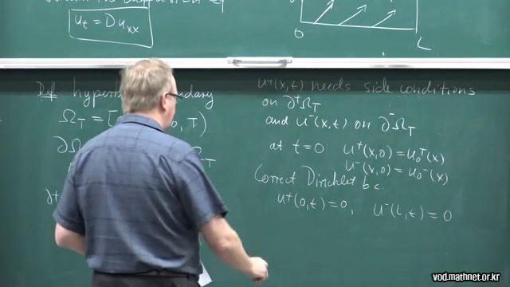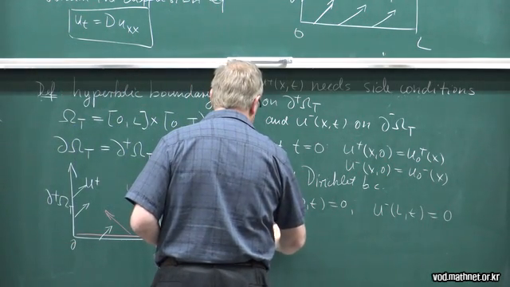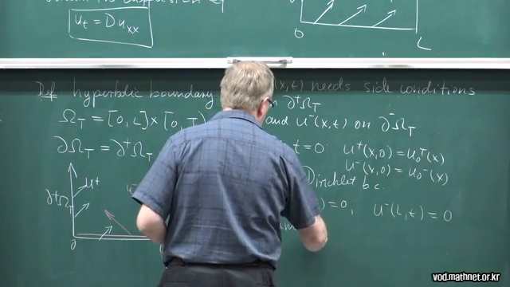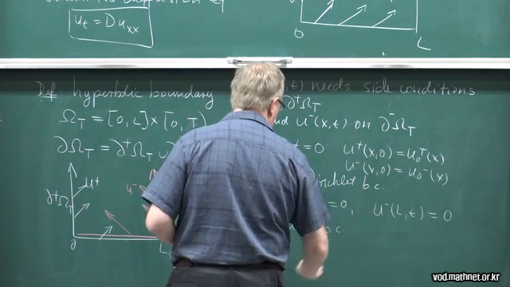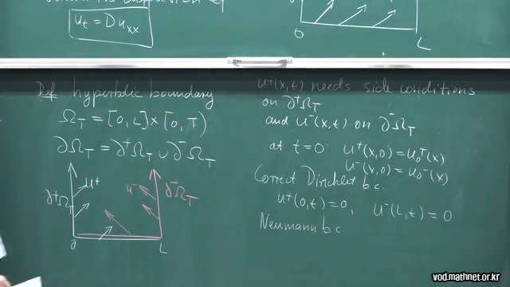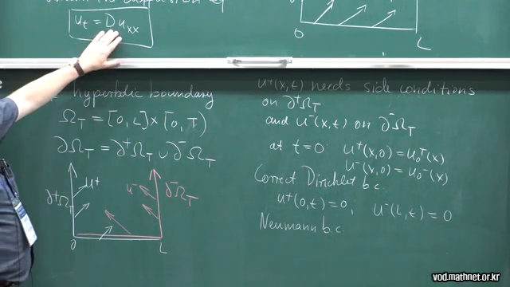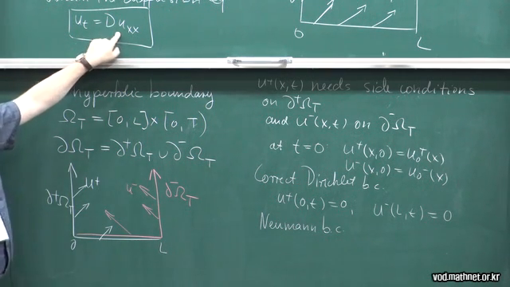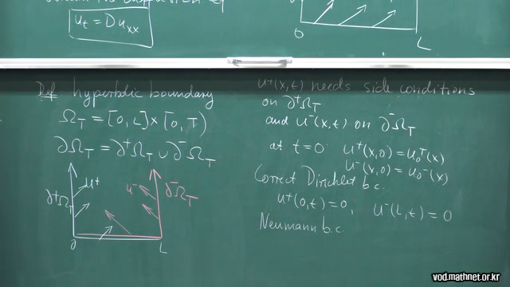How about the Neumann boundary conditions? Neumann boundary conditions usually mean u_x on the boundary is 0, right? The derivative is 0. But for the heat equation, u_x is a flux. u_x is a population flux, so it means there's no flux through the boundary.